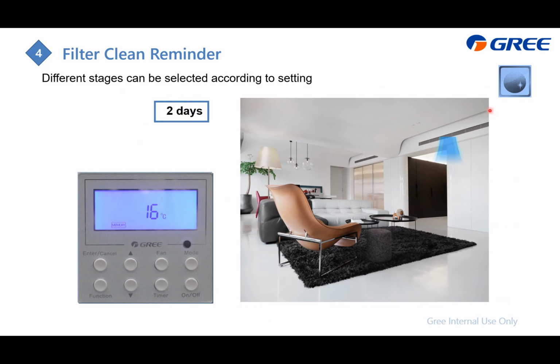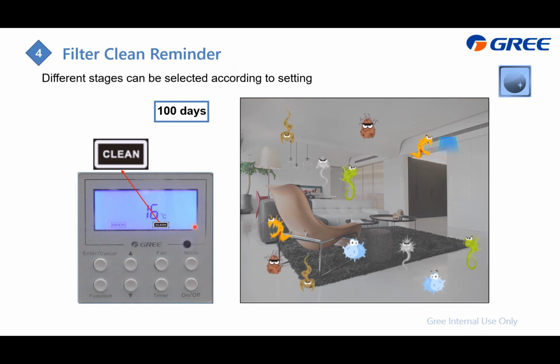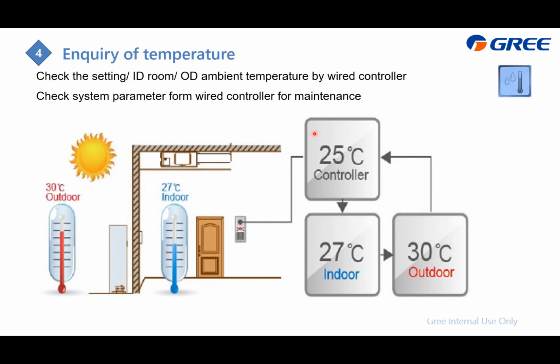On the wire controller, we also support the filter clean reminder, which according to your setting, will remind you to clean the filter. And also we support checking the outdoor and the room temperature on the wire controller.